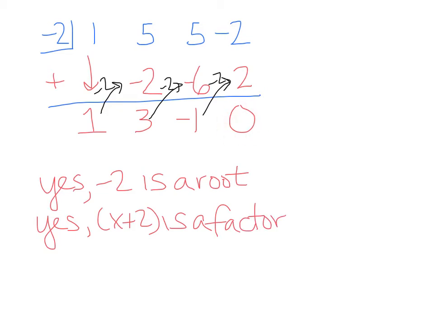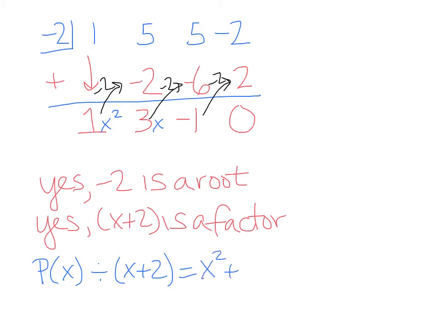If this last number wasn't 0, then these would be no's. The other thing we can say is if we take that polynomial and divide it by x plus 2, we go down a term and it equals x squared plus 3x minus 1.